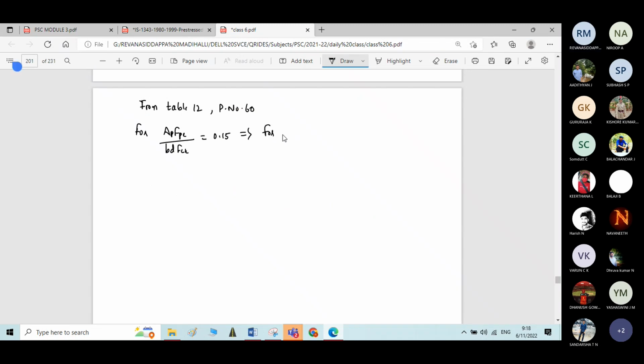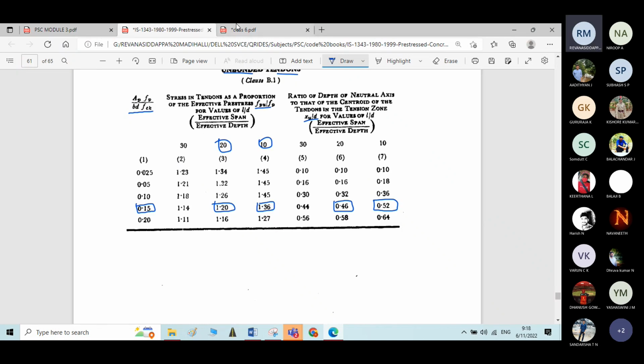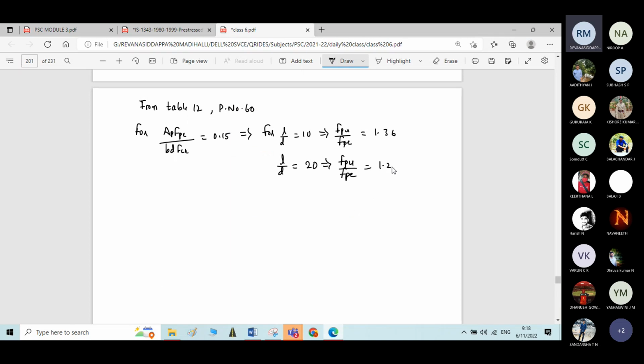For L by D equal to 10, corresponding FPU by FP is 1.36, and for L by D equal to 20, corresponding FPU by FPE is 1.20. Now for L by D equal to 15, you need to obtain the value of FPU by FPE.